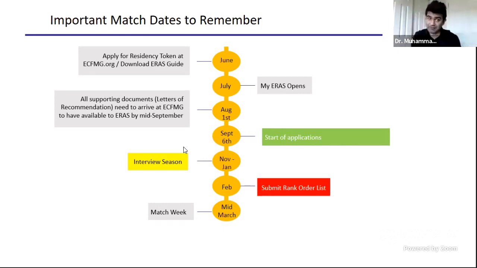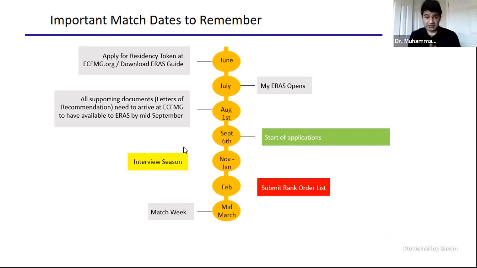Every year that happens, regardless of whether you are applying for a match two years from now or one year from now. So June, you purchase the token; July, they open ERAS. Now, in the month of August, you start preparing. You upload your documents, fill out the application properly, review it, upload your personal statement and letters of recommendation, and then prepare your application.